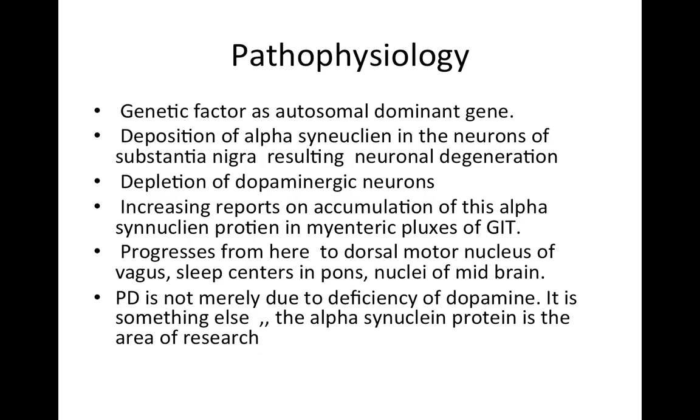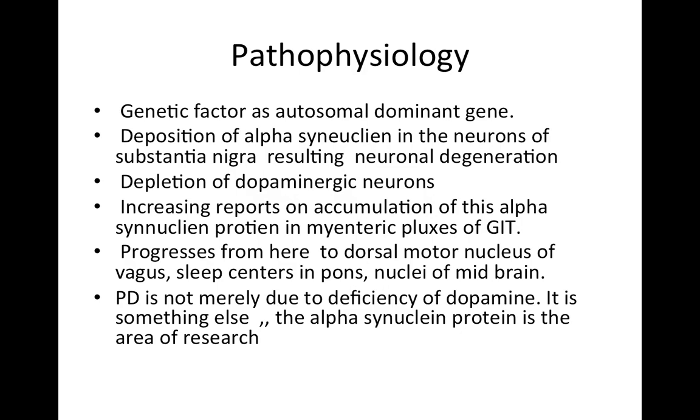There have been increasing reports on accumulation of this alpha-synuclein in the myenteric plexus of the gastrointestinal tract. From there, it progresses to the dorsal motor nucleus of the vagus, certain of the nuclei in the pons, that is especially sleep centers, and also nuclei of the midbrain.